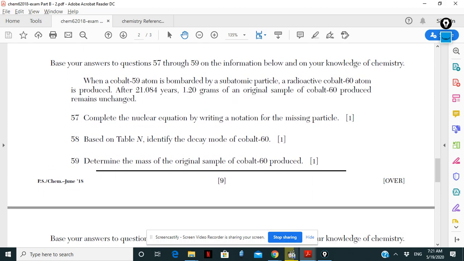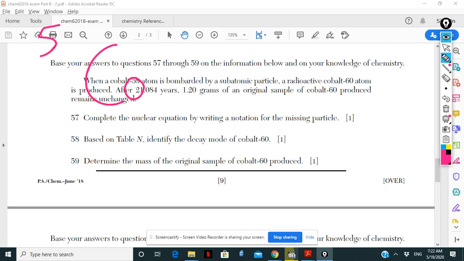Questions number 57 through 59. When cobalt-59 is bombarded by a subatomic particle, a radioactive cobalt-60 atom is produced. After 21.084 years, 1.20 grams of the original sample of cobalt-60 remain unchanged. Complete the nuclear equation. I have cobalt-59 plus something giving me cobalt-60.